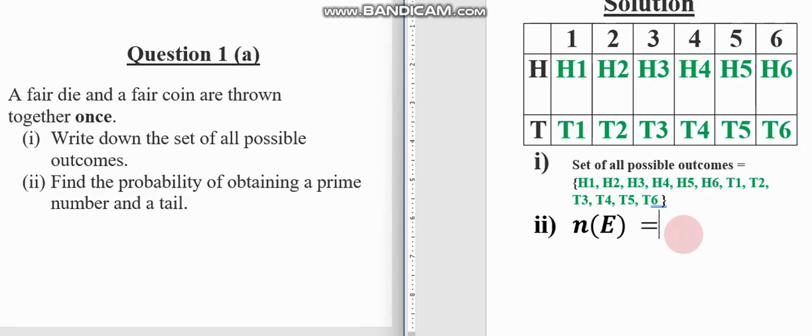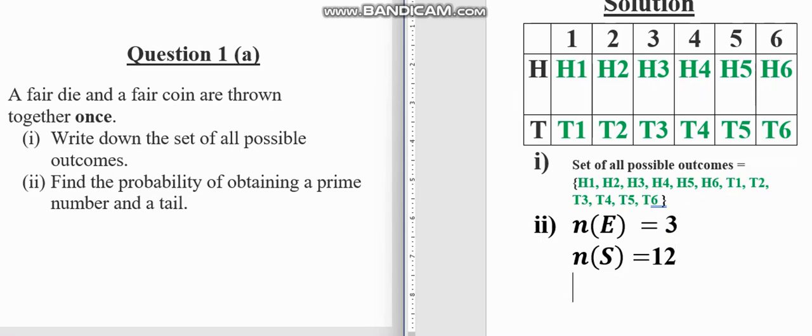So the number of events is going to be 3. Then the number of sample space, that is n(S), will be equal to the number of all the possible outcomes. So you count them, and that is going to be 12.